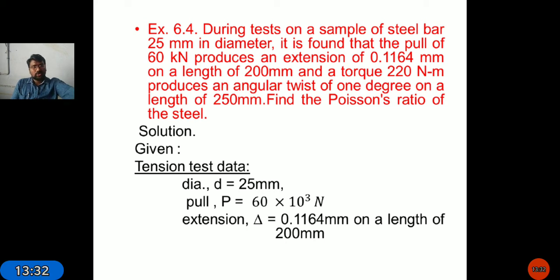Diameter is 25 mm. Next, load, the applied load is 60 kilonewton. We can convert kilonewton into newton, that is 60 into 10 cube. Extension, here they mentioned delta L, that is 0.1164, on a length L equals 200 mm.